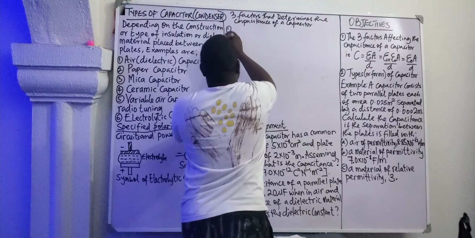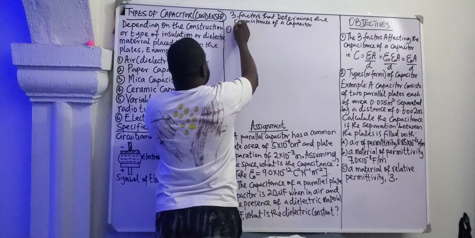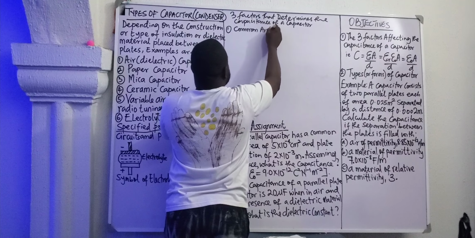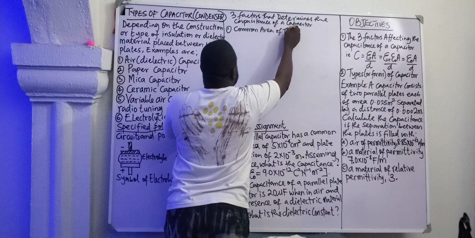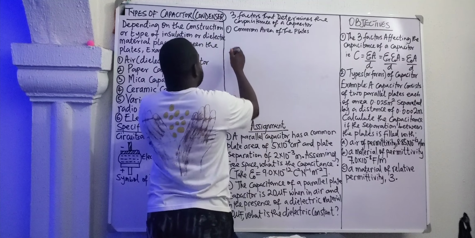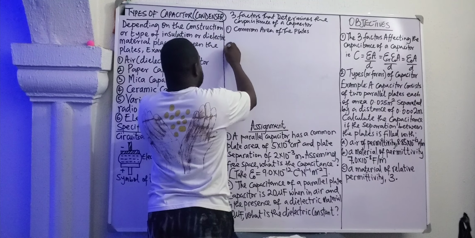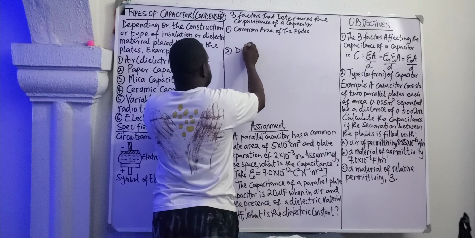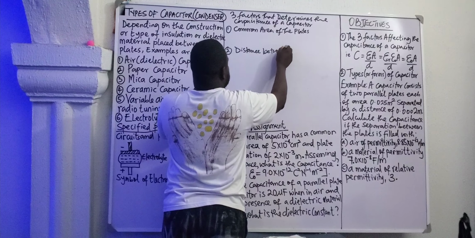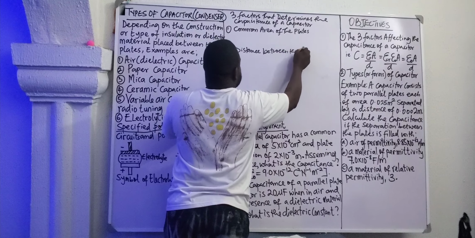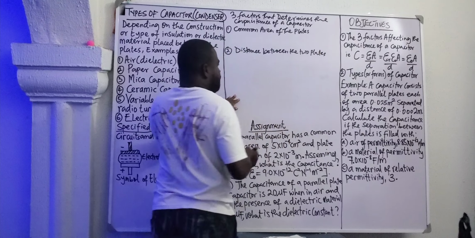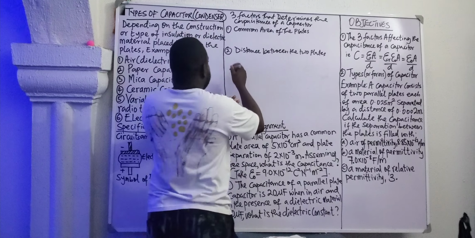Number one is what we call the common area of the plate, or you can call it the area of cross-section of the plate. Number two is the distance between the two plates, or you can call it the distance of separation between the plates.